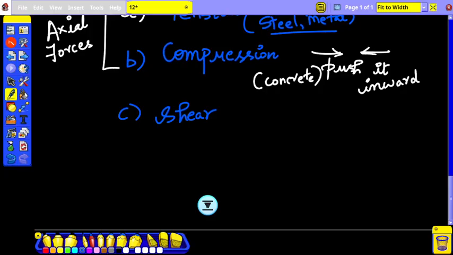It's actually something like this: when you have a piece of paper and you use your fingers to tear it at one side, and the other hand you tear it on this side, that's how shear force will come at the center. Just imagine you're tearing a piece of paper. You use both hands in opposite directions, and that's called a shear force.